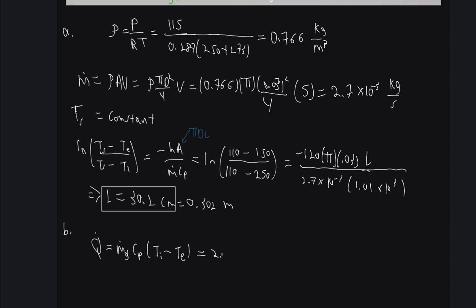We have 2.7 times 10 to the negative 3 times Cp. Which Cp do we use? We're looking at the hot gas right now. And then we're going to use that to help figure out the evaporation of the water. So then you do the inlet temperature minus the outlet temperature.